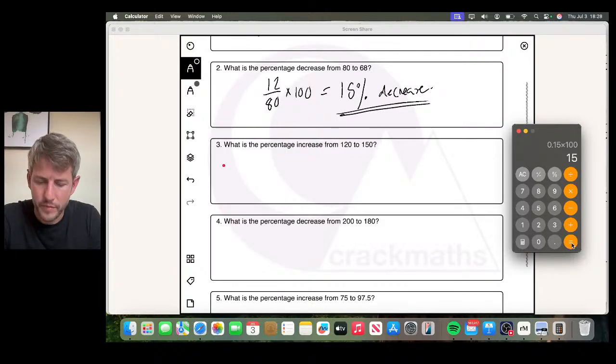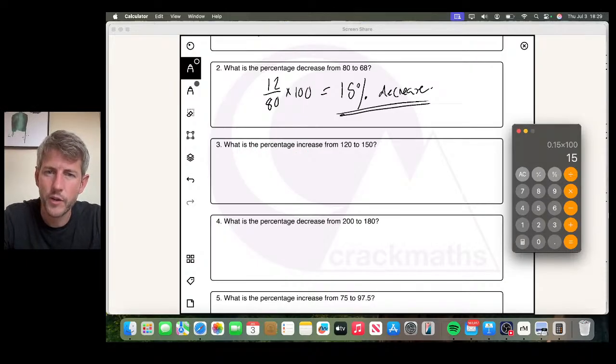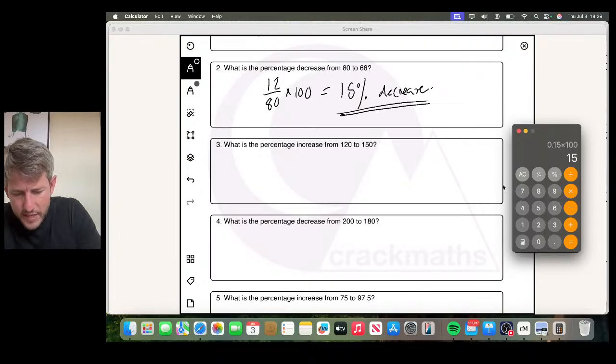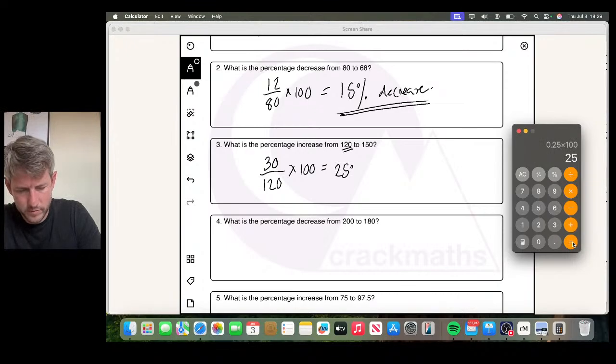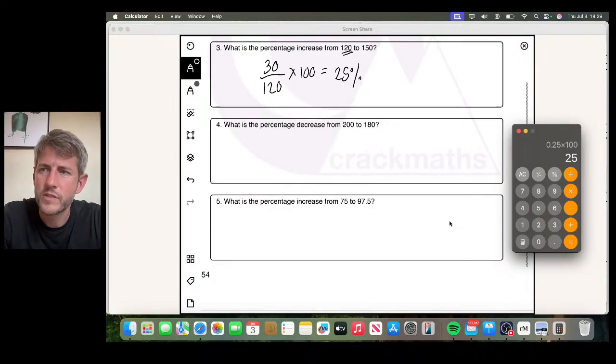Question 3. What is the percentage increase from 120 to 150? Okay, so I can see that's an increase of 30, and it's gone from the 120. Question 4.